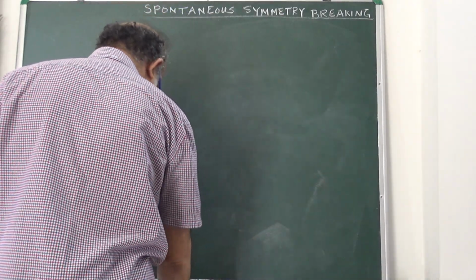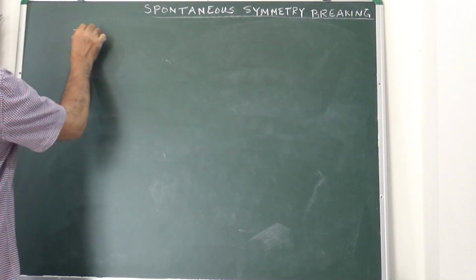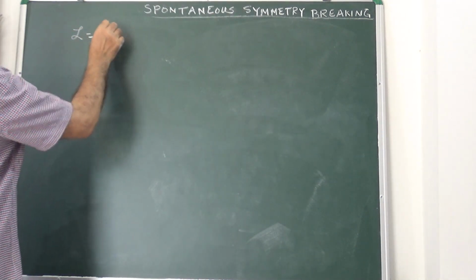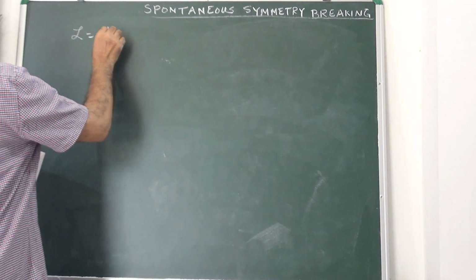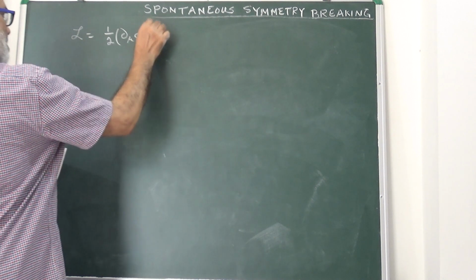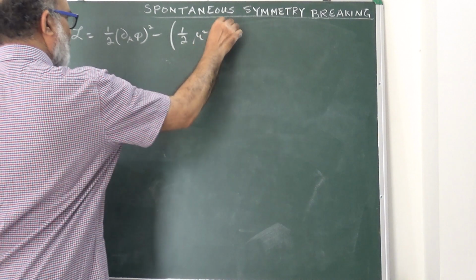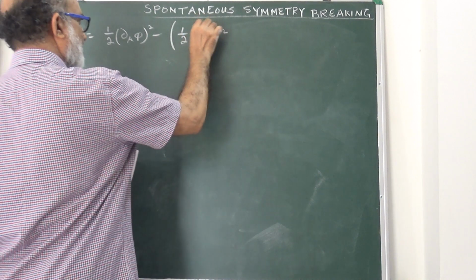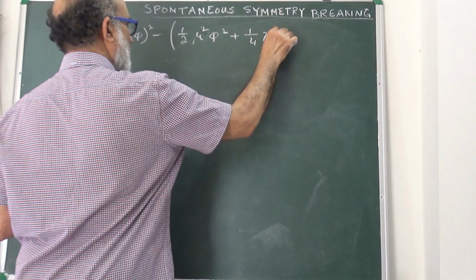Now we have the Lagrangian for the Higgs field: half del mu phi square minus half mu square phi square plus 1 by 4 lambda.